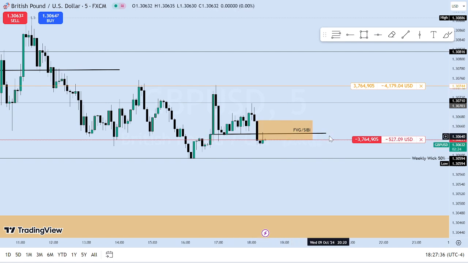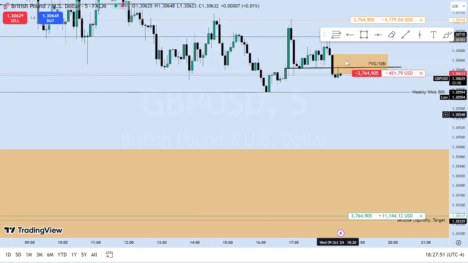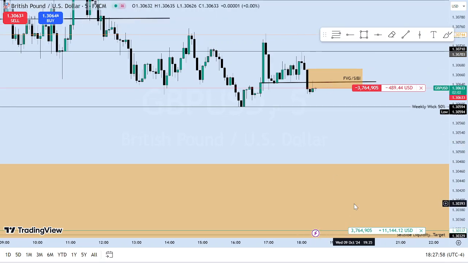In 15 minutes, here is our order block. So here in 5 minutes, we have a fair value gap, which is a major resistance, and we have a target. So we created a fair value gap to push price to come and deliver to its target.